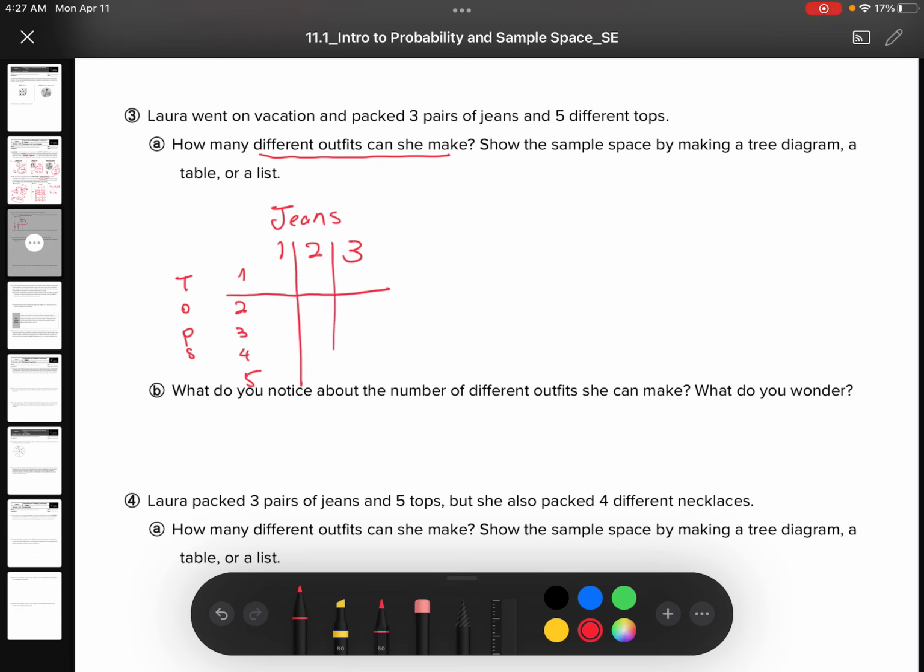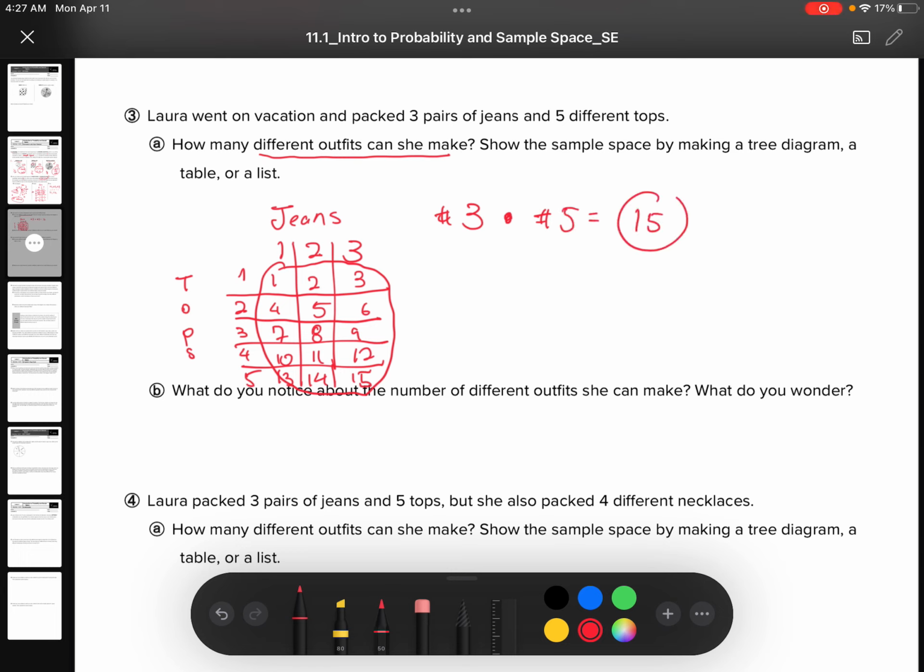If you fill this out, you will get 15 different entries on this table, which is the same thing as the number of pairs of jeans times the number of different tops, which would give you 15.